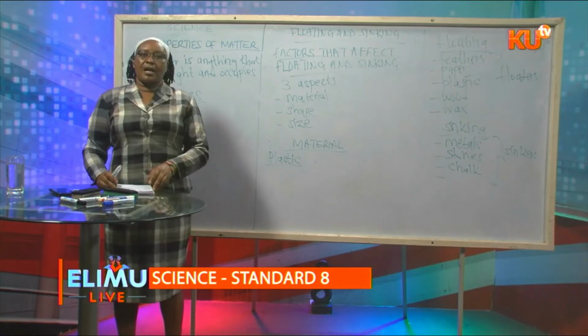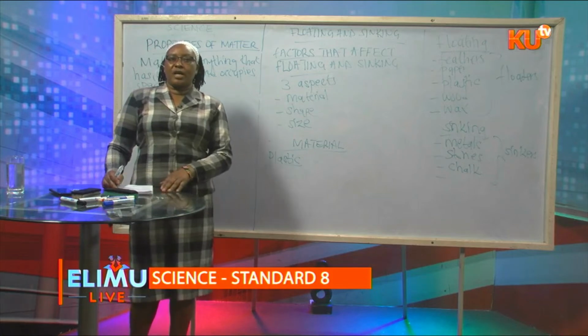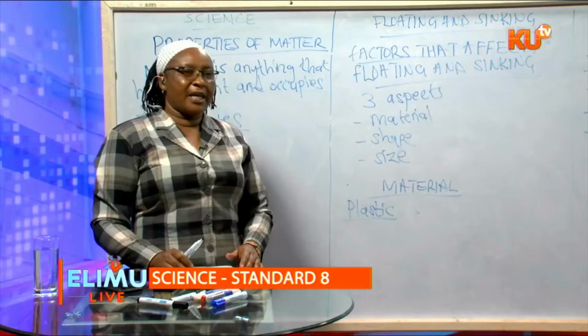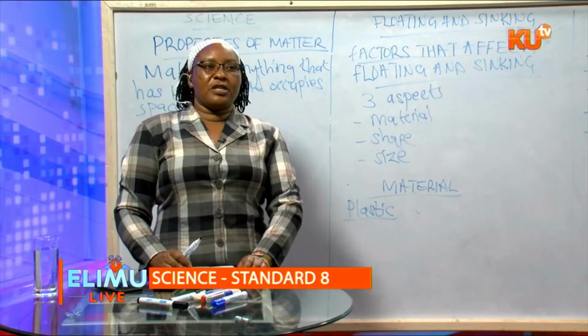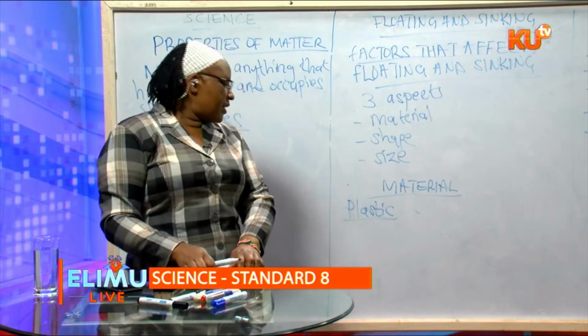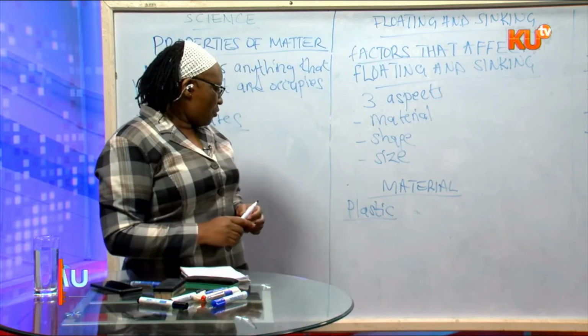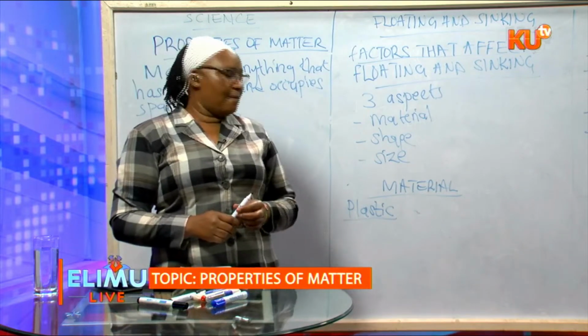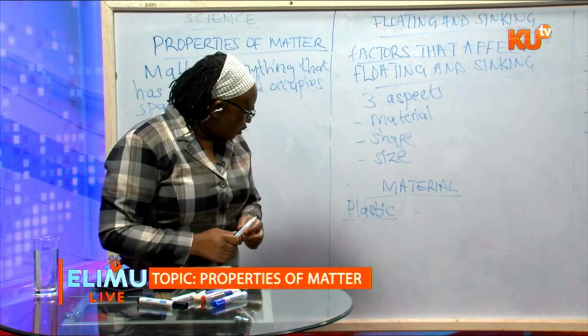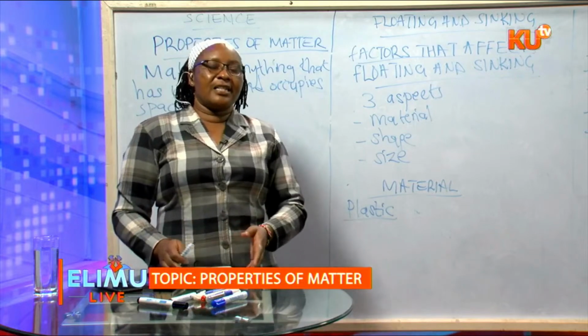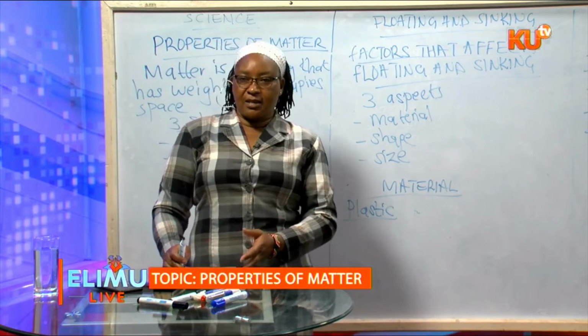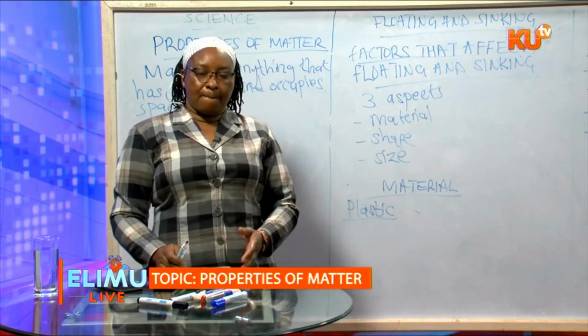You can take a plastic cup and you can take a plastic bucket. Now these are not of the same size, they are of different sizes, they have different weights, but when you put both of them in water, they will always float regardless of their sizes, regardless of their weights.